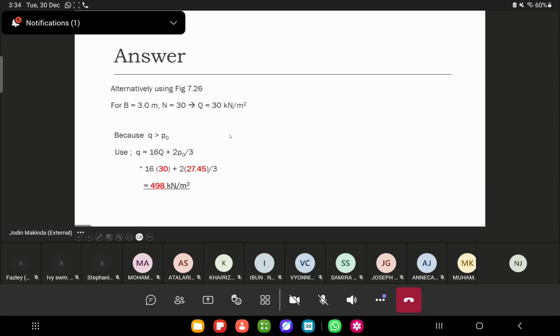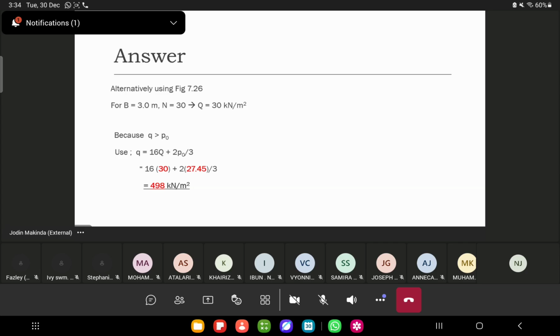So in this case, if we use the same question, we can see that the value of the Q is 30. Therefore, the allowable design is 498.